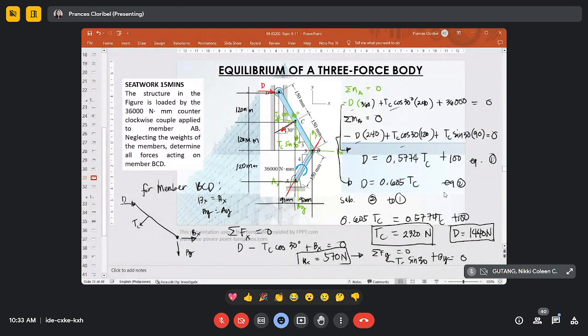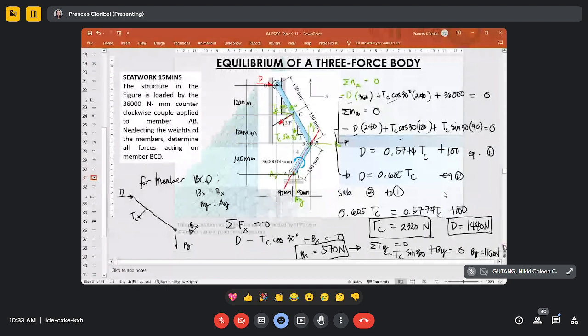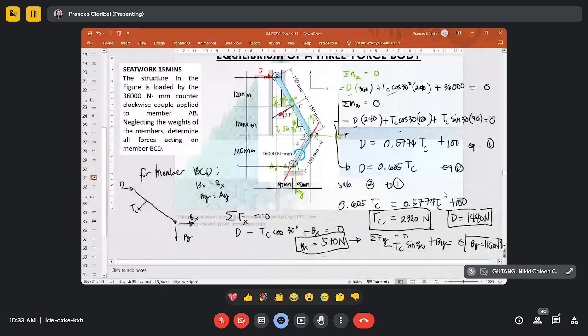Therefore, substituting TC, Dy is equal to 1160 newtons, and the direction is going upward. Once we get Bx and By, solve for the magnitude and its direction to get the reaction. Questions?